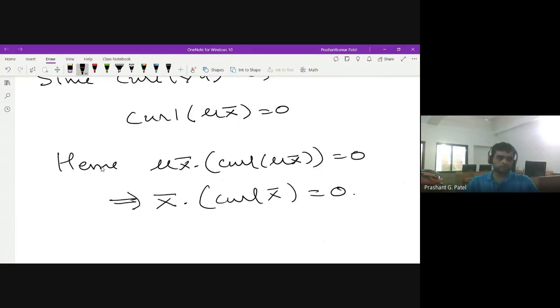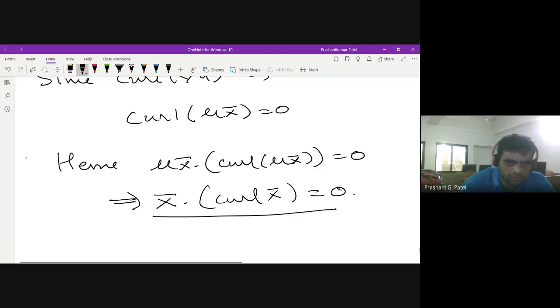So that proves that if the Pfaffian differential equation in three variables P dx plus Q dy plus R dz is 0 is integrable, then this is the condition. So we have proved the necessity of the condition.